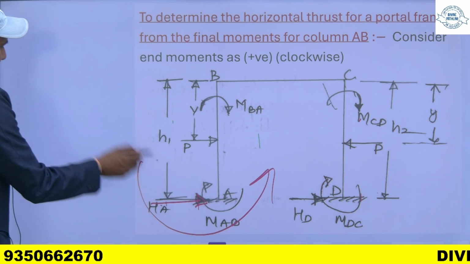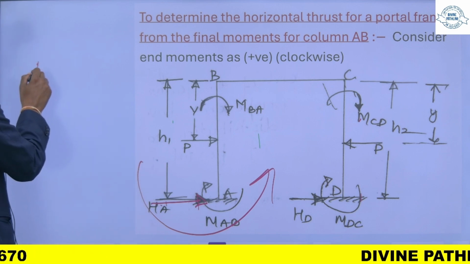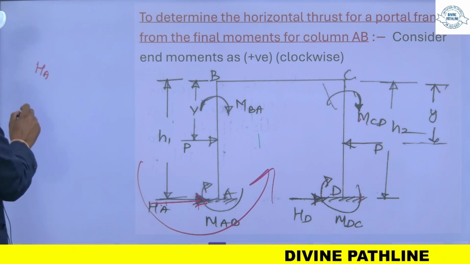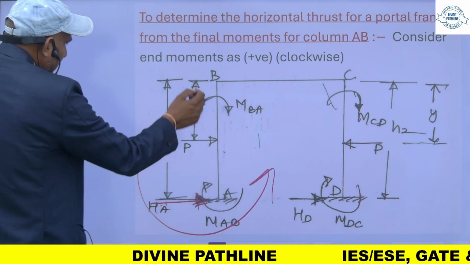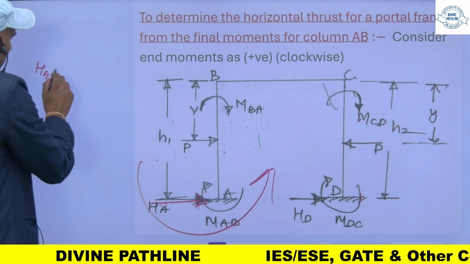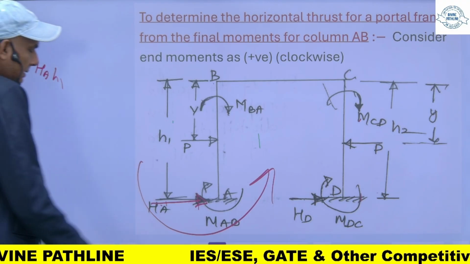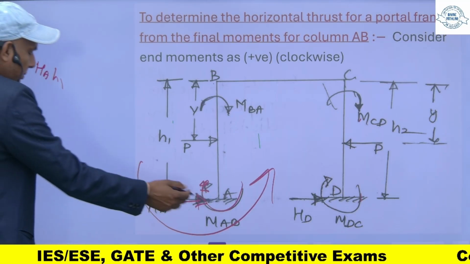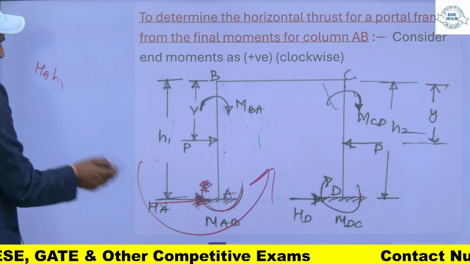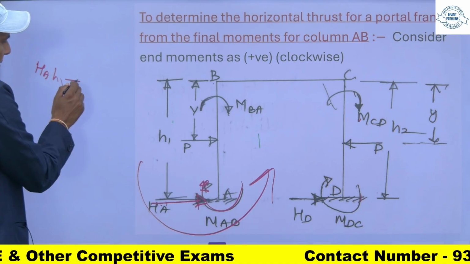If you take this positive, this will be HA into this height, and this moment is in the reverse direction, so this will be opposite to this. So if you treat this as positive, this will be negative.